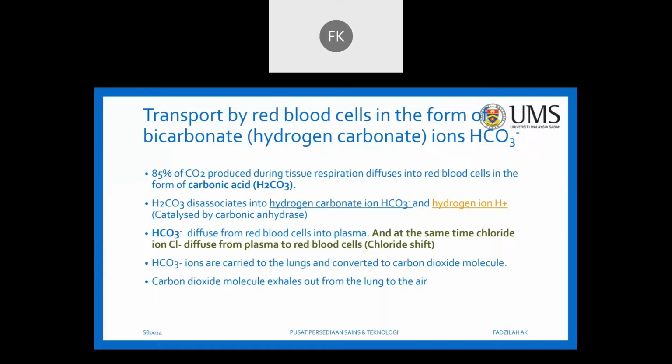This process is catalyzed by an enzyme known as carbonic anhydrase. Then the hydrogen carbonate ion diffuses from the red blood cell into the plasma, and at the same time, chloride ion, Cl, diffuses from the plasma into the red blood cell. This is known as the chloride shift.